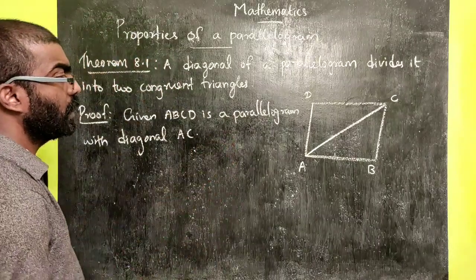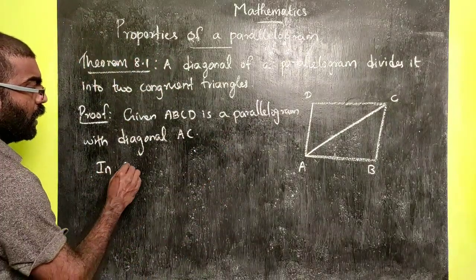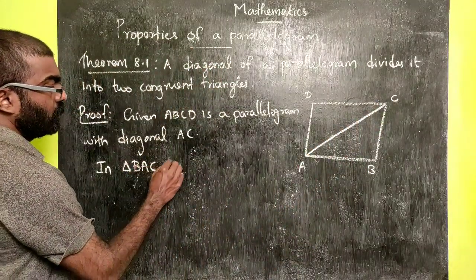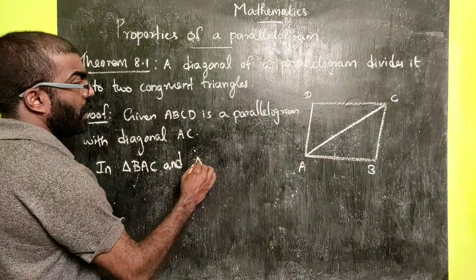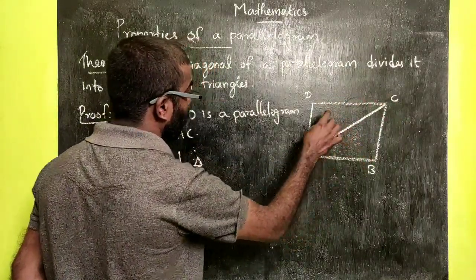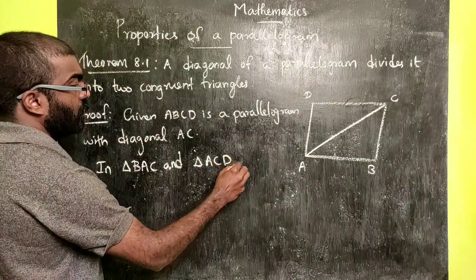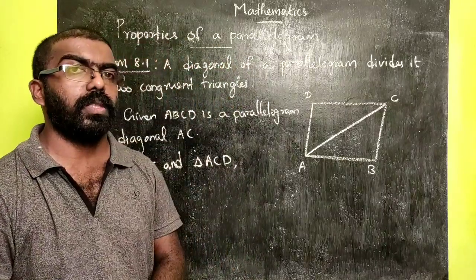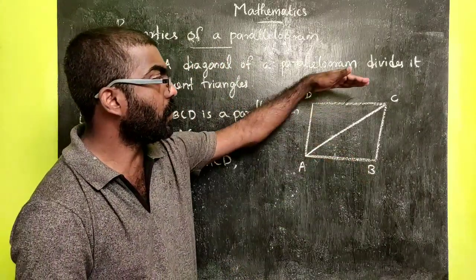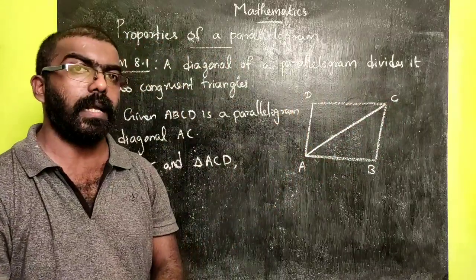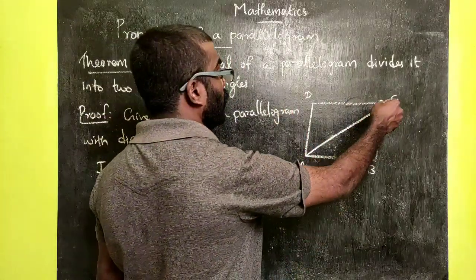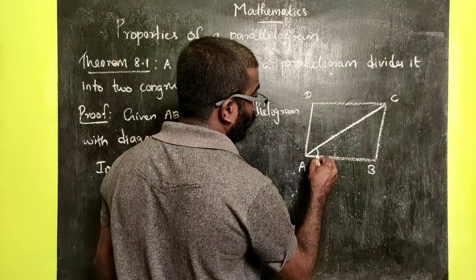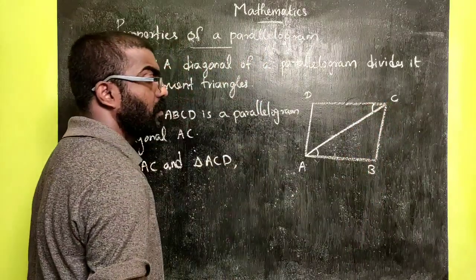So we can consider these two triangles. In triangle BAC and triangle ACD, we know in a parallelogram both the pairs of opposite sides are parallel. Here AB parallel to DC and BC parallel to AD. And AC we can consider as a transversal. So we can say these two angles are alternate interior angles.